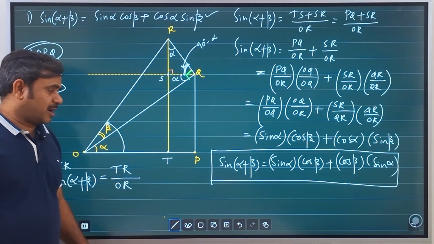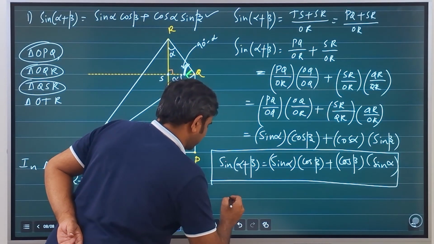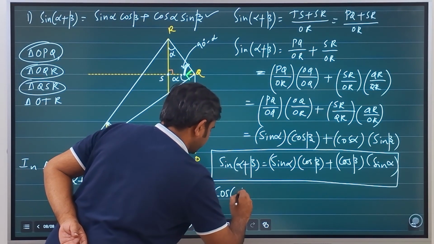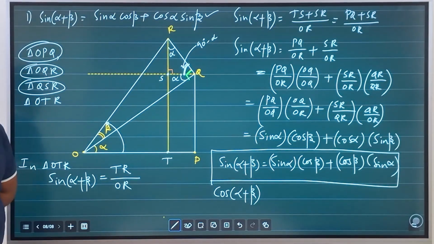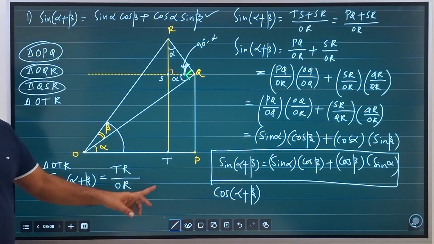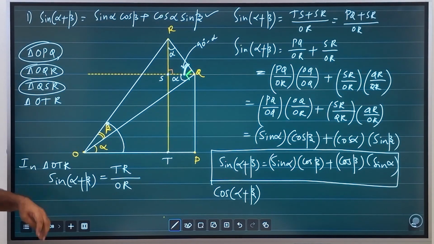One more trigonometric identity. I am not writing or explaining the proof here. I leave that to you. One more trigonometric identity, which is cos alpha plus beta, can also be proved from the same picture.